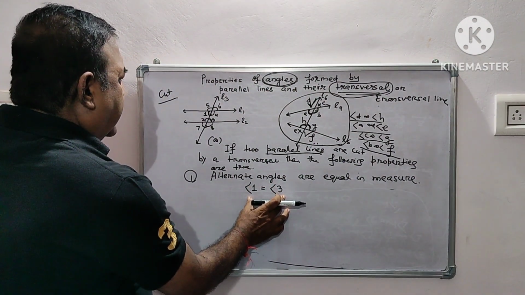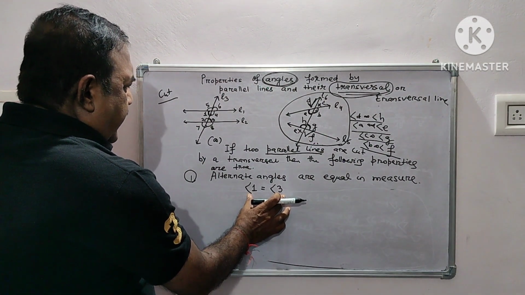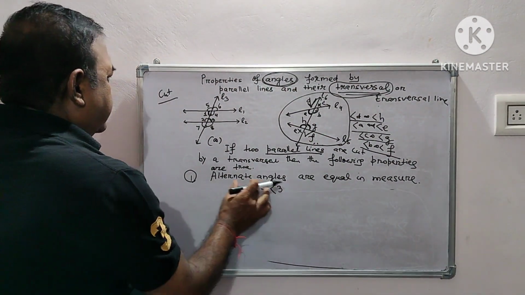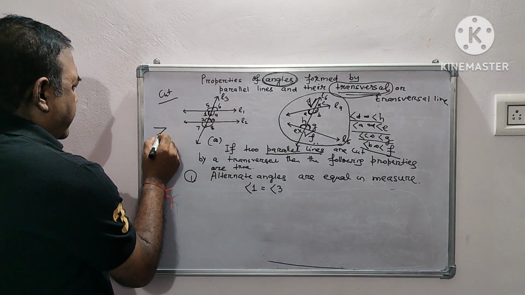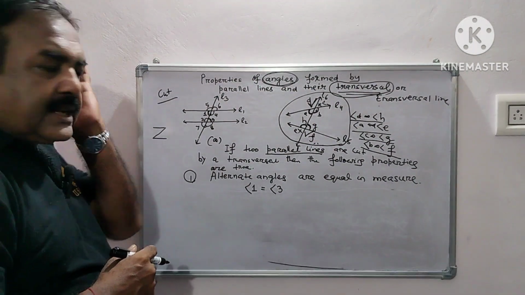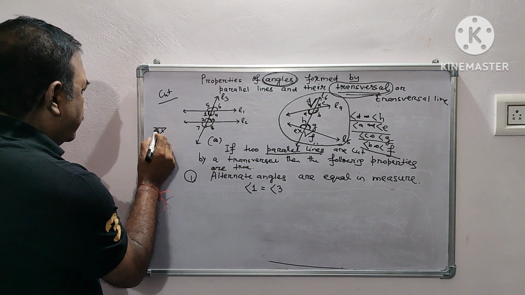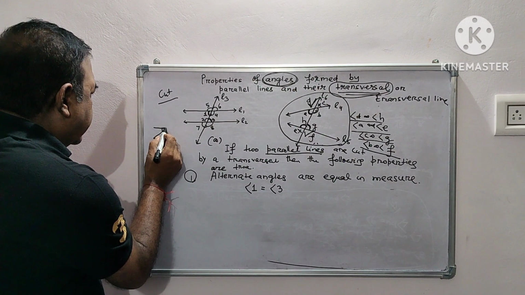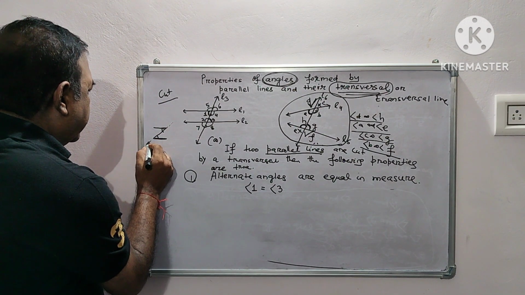In each pair of alternate angles, both the alternate angles are equal in measure. So you see, it is very interesting. You have already known it is Z. It is an English alphabet. You see this angle and this angle. If these two lines are parallel and this is the transversal, you just extend it. It will be easier for you to know.